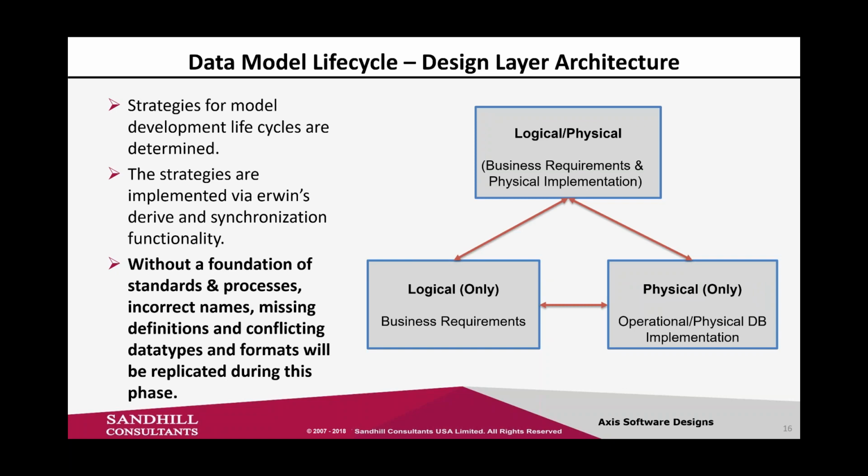Okay, so Erwin has something called a design layer architecture. This is really how we implement whatever strategy for governance that we have. We determine the strategies, we implement them in Erwin via the derive and the split and the add model source functionality, so that if we use that functionality from Erwin in conjunction with the strategies, then the models can be synchronized with changes.